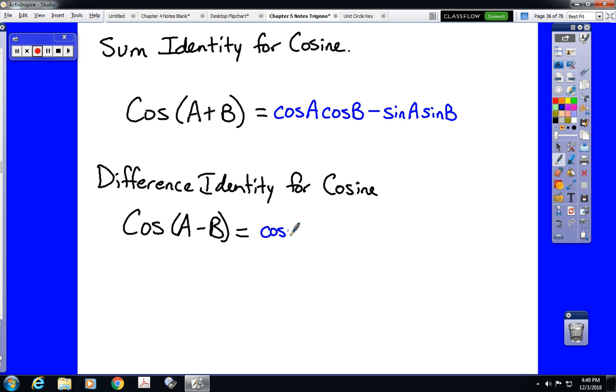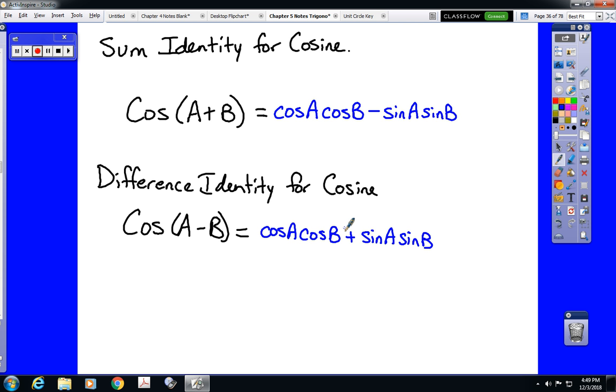It is the cosine of A times the cosine of B plus the sine of A times the sine of B, which is a little bit counterintuitive because the sign in here is the opposite of the sign in the identity. This is a plus, so this is a minus. Otherwise, it's the same pattern. Cosine, cosine, sine, sine. Cosine, cosine, sine, sine. That's a negative, so that's a positive.